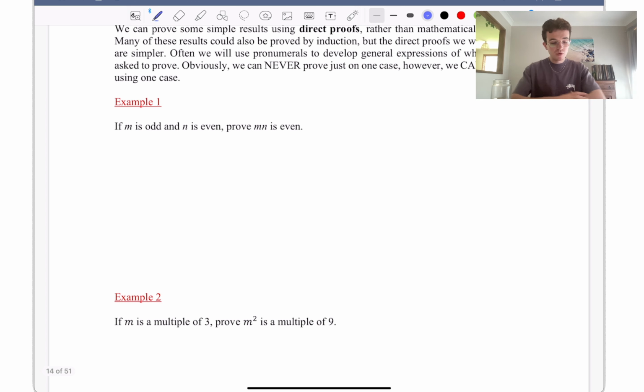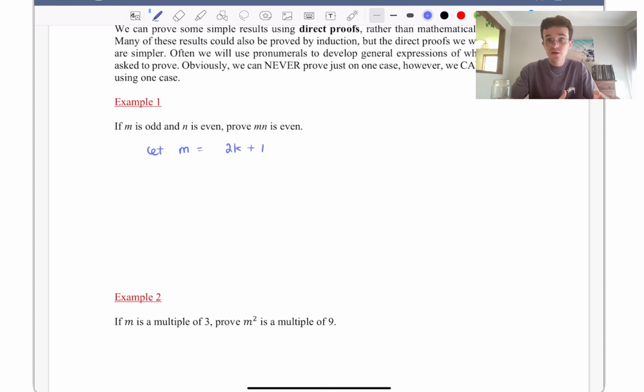So, example number 1: if m is odd and n is even, prove mn is even. When we have these questions with even or odd numbers, the best thing to do is let m equal 2k plus 1.